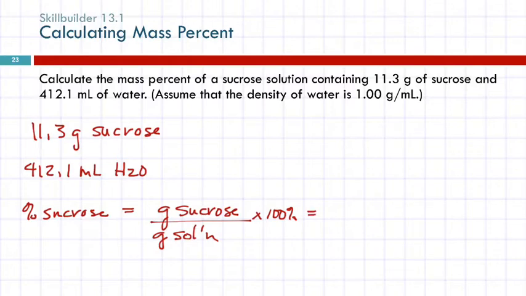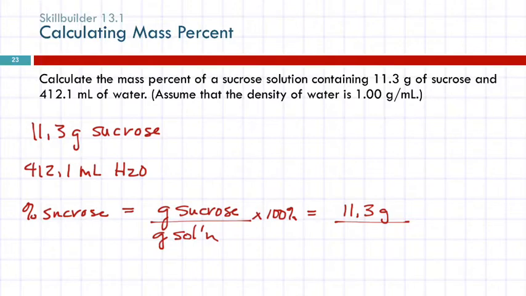They gave us the mass of sucrose, 11.3 grams, and then we need to calculate the mass of the solution. We don't want to divide by the mass of the water. Well, they didn't give us the mass of water, but they gave us milliliters of water and told us to assume this density.